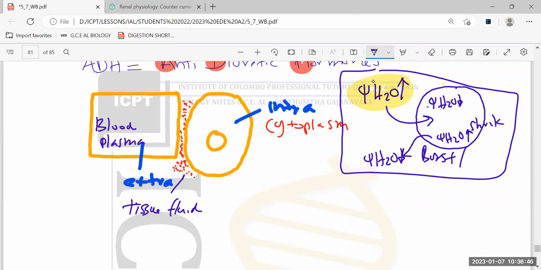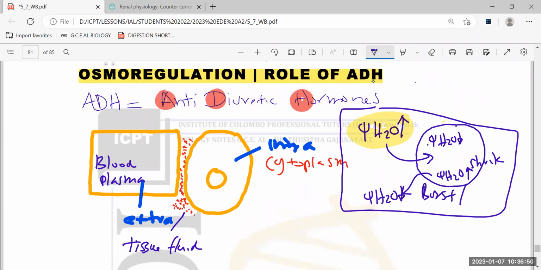Now, on a day-to-day basis, this is not easy to maintain, because if a large volume of water is taken in with less solute, then the water potential is increasing.